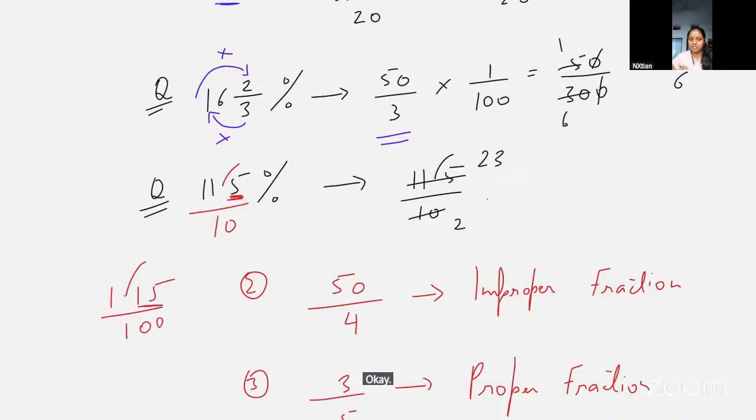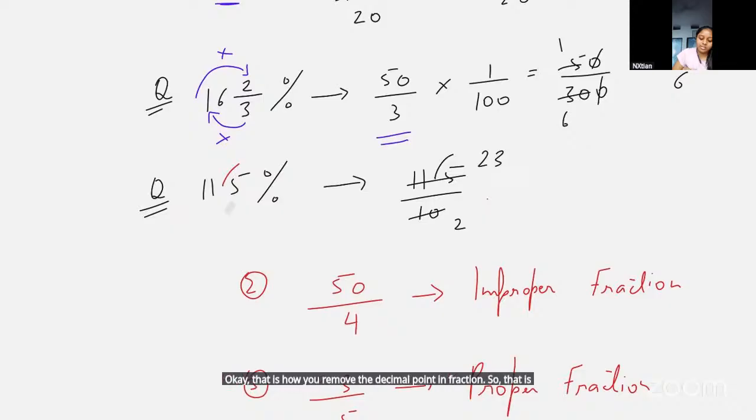This is how you remove the decimal point in a fraction. That is what I did here: we removed the decimal point and put 1 and a 0 beneath, so it became 115 upon 10.